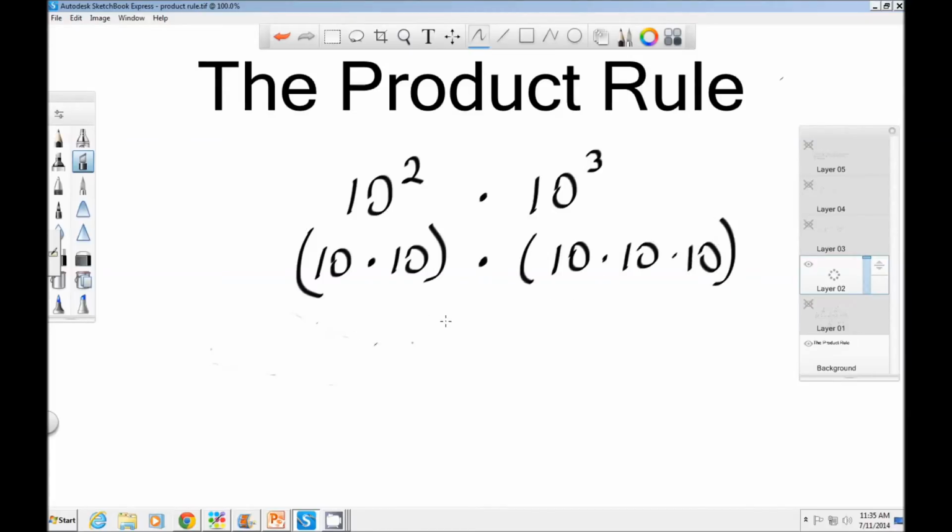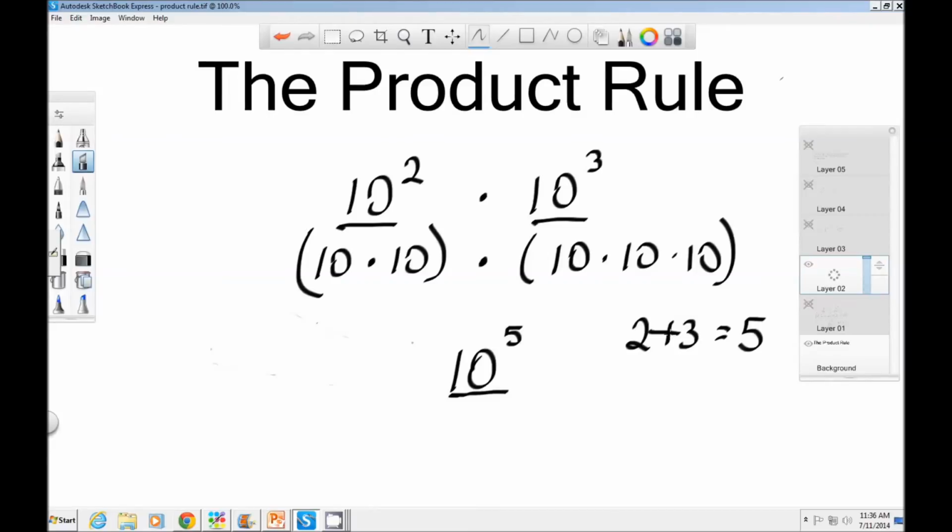Are we still only multiplying by 10's here? Yes, so our base is still 10. How many 10's are in this multiplication problem we've written out? 5. Our bases didn't change. The only thing that changed was our exponents, and what can you do with 2 and 3 and get 5? You add them. So it worked again.